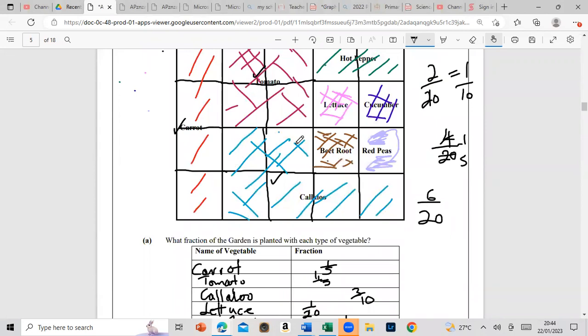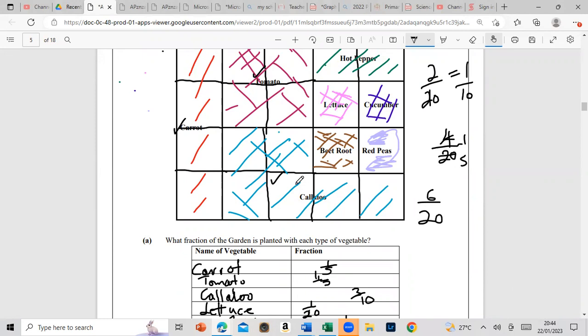So it could be callaloo and carrot, or it could be callaloo and tomato. So this is 6, 1, 2, 3, 4, 5, 6, and this is 4. That takes up a half of it.